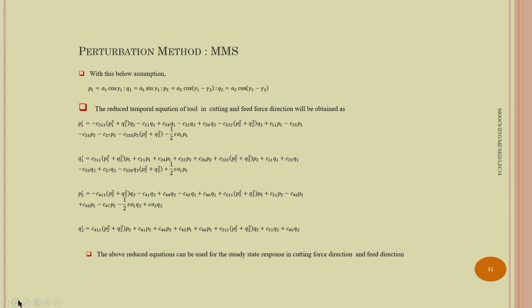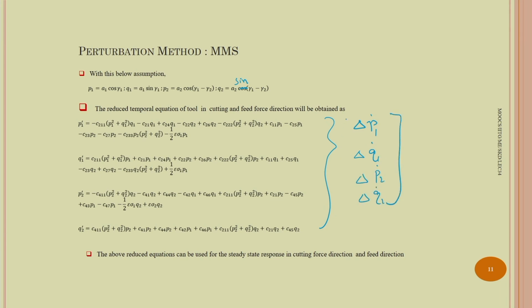Then, substituting these equations, we can obtain the P1 dash, Q1 dash, P2 dash and Q2 dash equations, which we will perturb to get delta P1 dot, delta Q1 dot, delta P2 dot and delta Q2 dot.